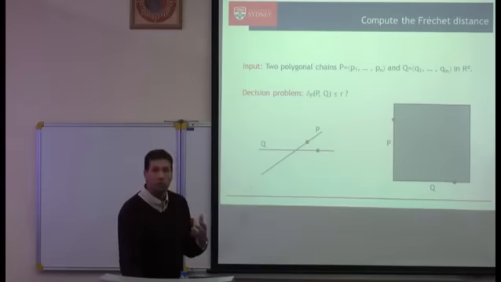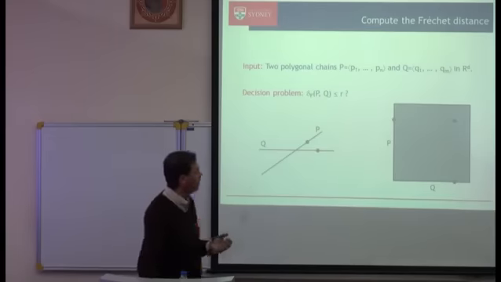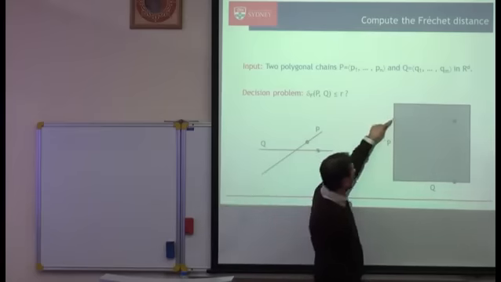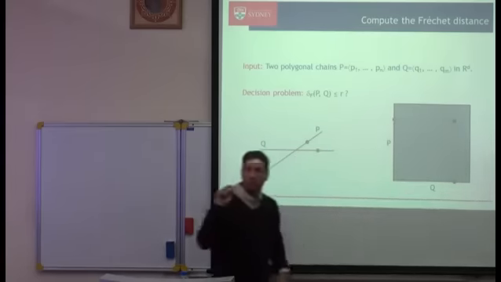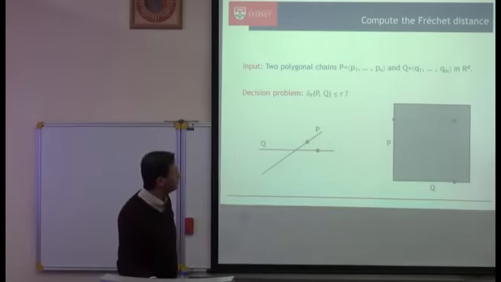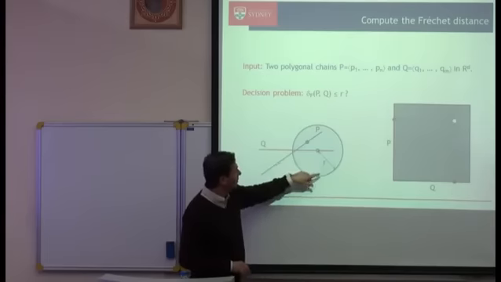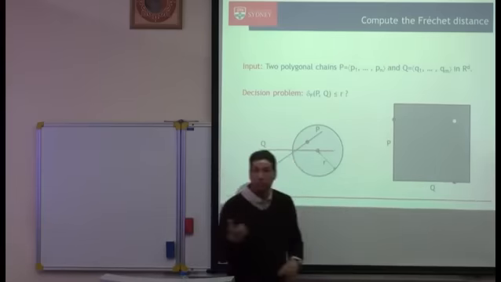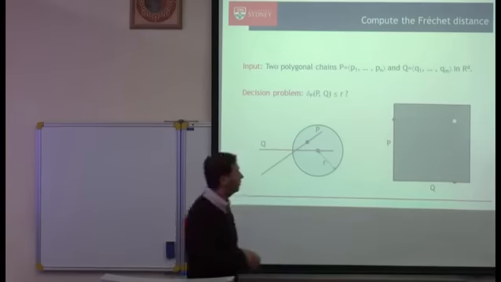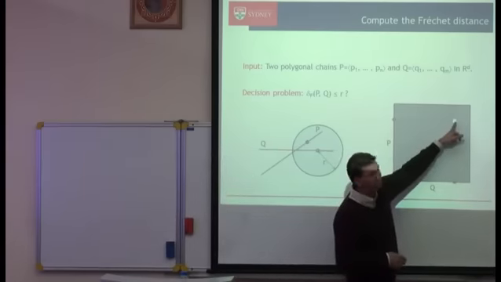And now the only thing I want to say is whether the distance between these 2 points is at most R. So this is the point on P and this is the point on Q. If I put a ball with radius R centered at this point, and it includes the point in P, then the distance between them is smaller than R. So I will color this point white.